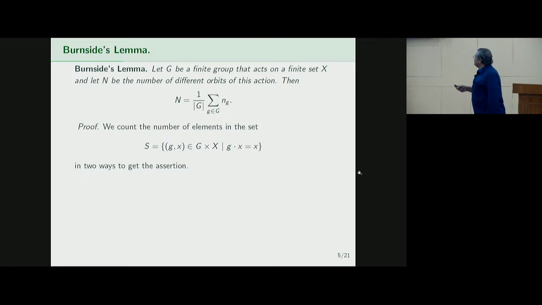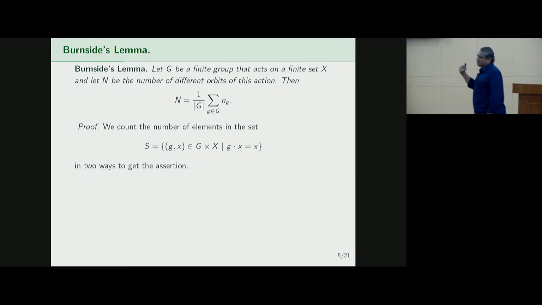In order to prove this, we are looking at this set S, which is a pair of elements (g, x) inside G cross X, such that g dot x equal to x. We count this in two ways. One, we fix g and we count the number of elements x.